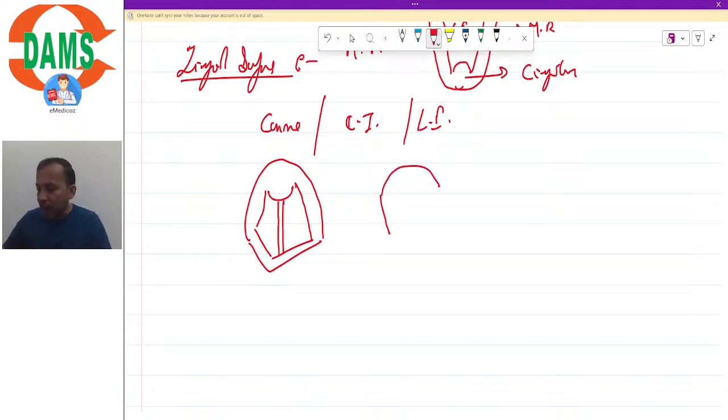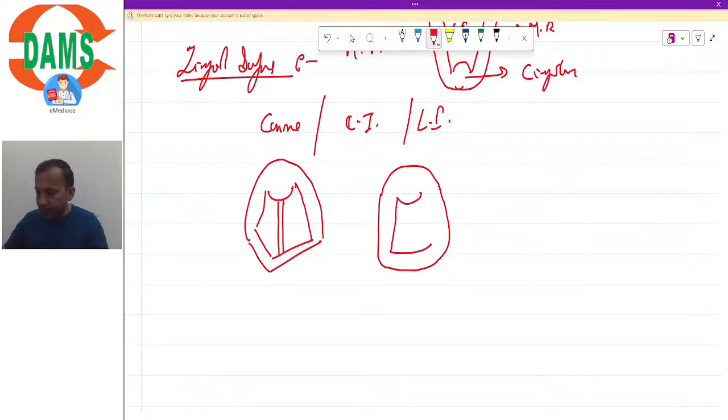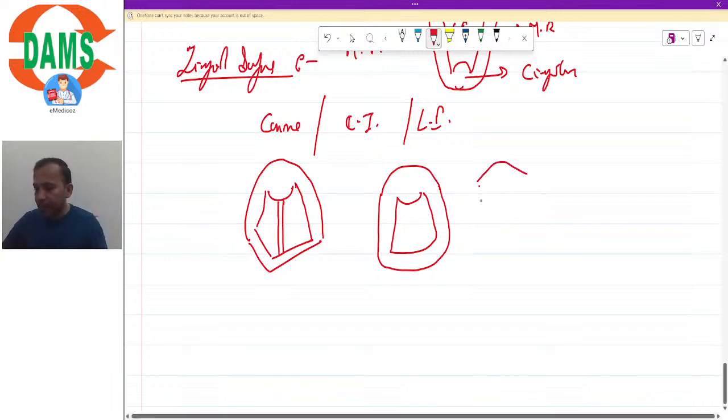Then you have the lateral incisor and then the central incisor, right?